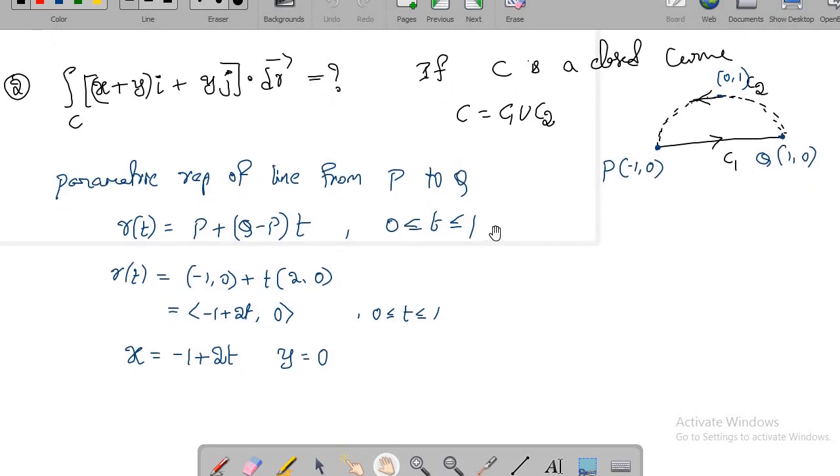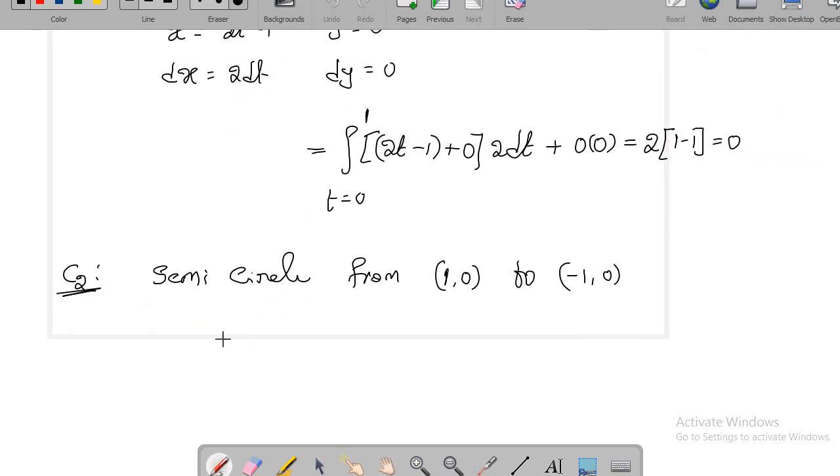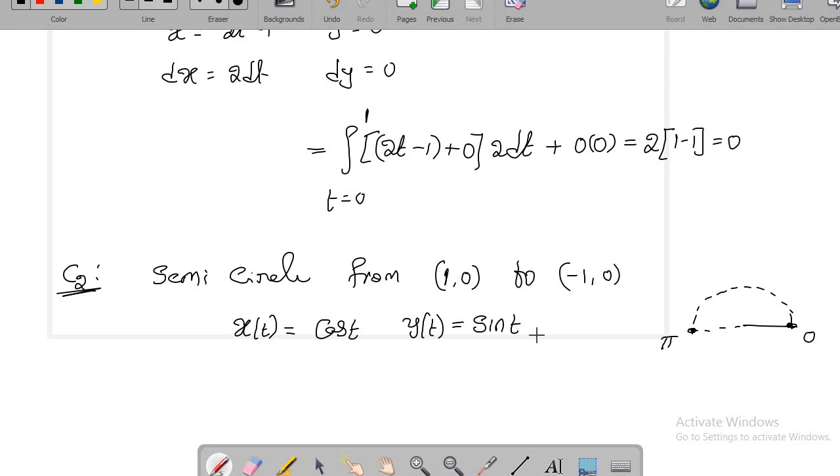This is a circle centered at the origin, so you can directly write x of t as cos t, and y of t as sin t. But we don't want the full circle, we need only half of it. The angle here is 0, whereas when it comes to here, the angle will be pi. Therefore 0 less than or equal to t less than or equal to pi.